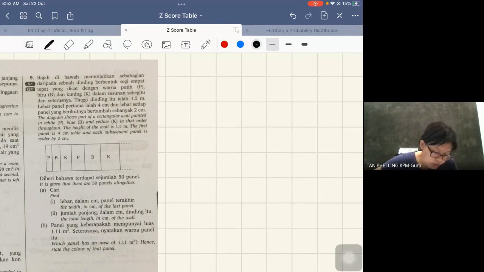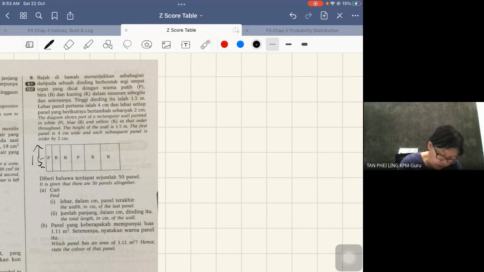Putih, biru, and kuning. So in that order throughout. The height of the wall is 1.5. So write down first the height is 1.5 meters.